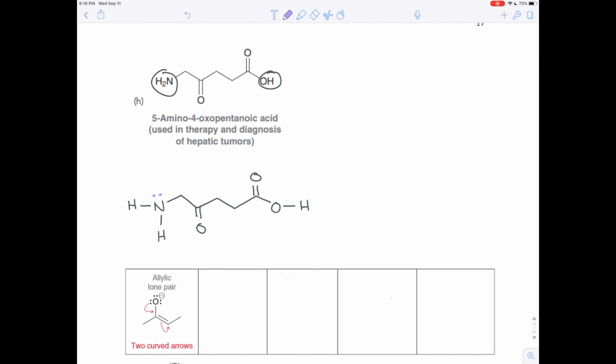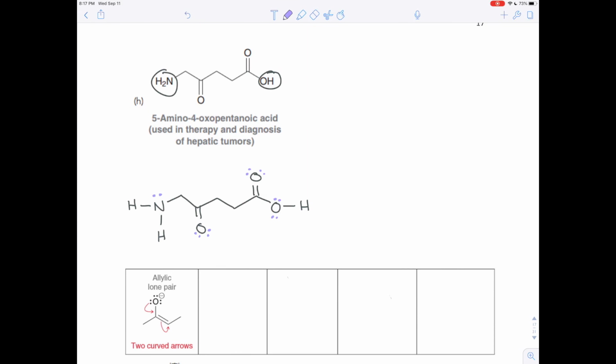This oxygen has 2, 4 drawn already, so we just have to add 6, 8, 2 lone pairs on that oxygen. That oxygen toward the right has 2, 4 electrons. So we need 6, 8. And this oxygen here has 2, 4 electrons drawn already. So we add in 6 and 8.